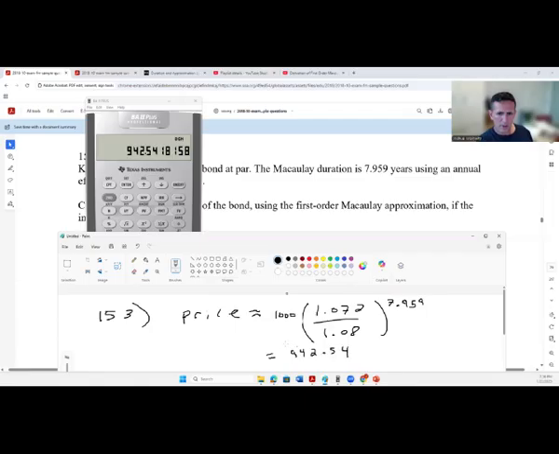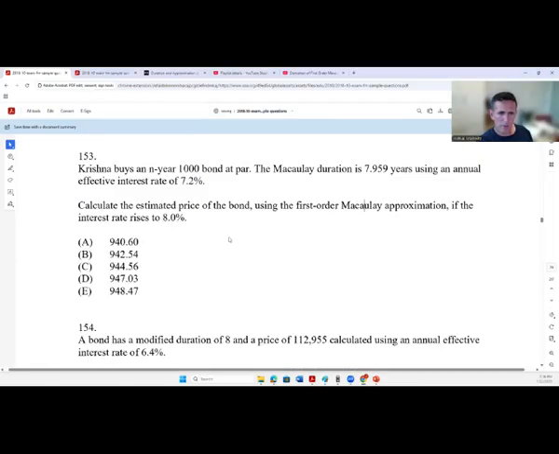So very close to the other one of 940 something, but this is a better approximation. They do have 940.60, which is kind of mean because that's the modified approximation.